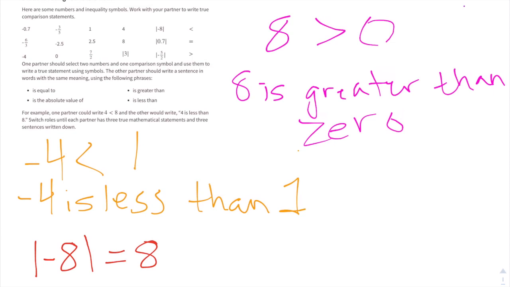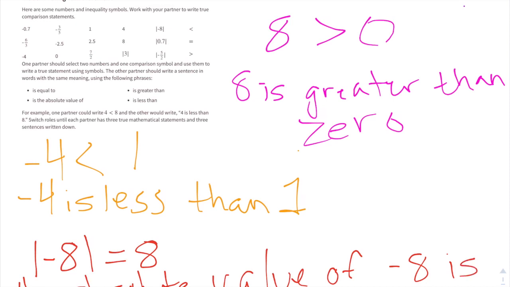And this answers two of these at the same time. I could write this as the absolute value of -8 is equal to 8.